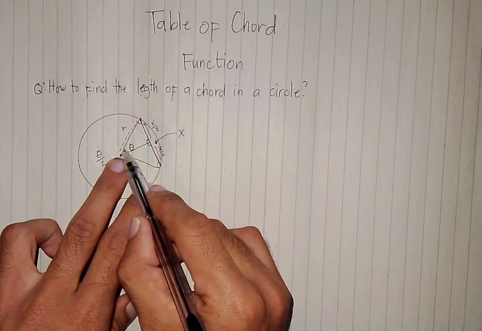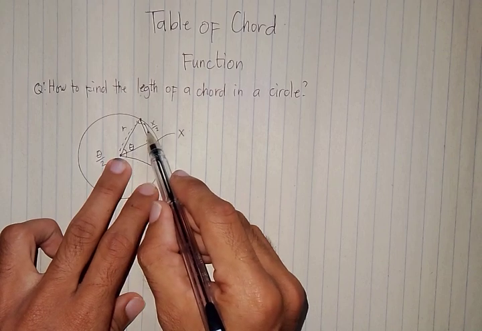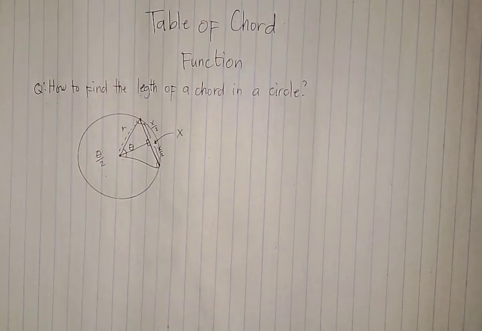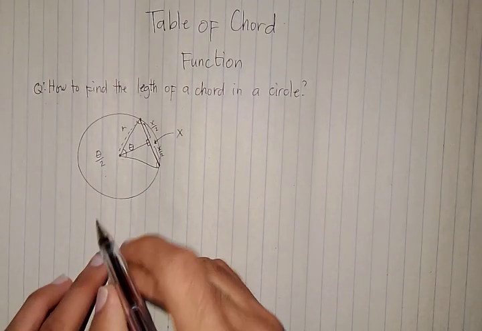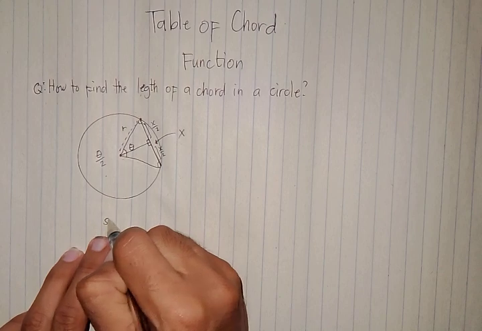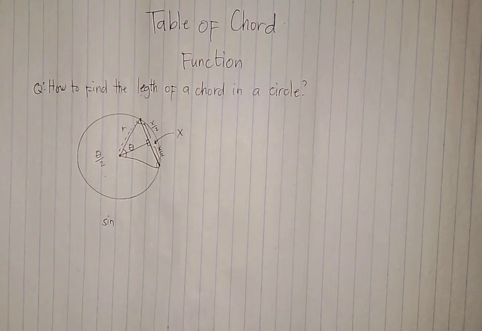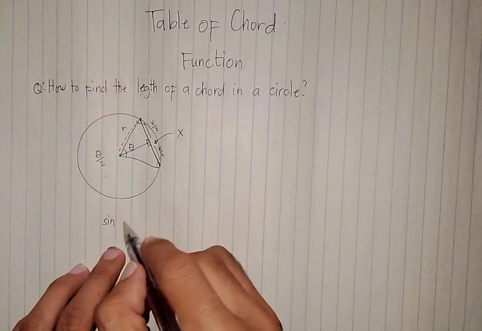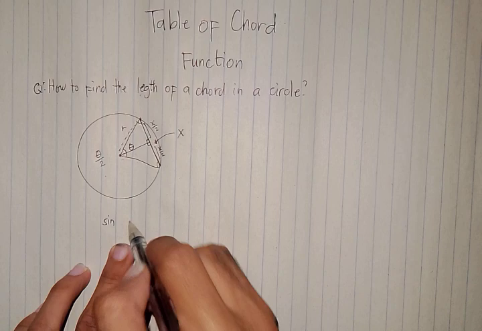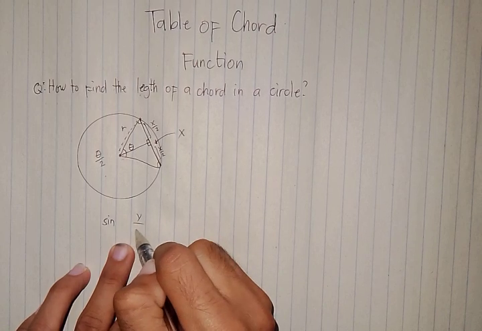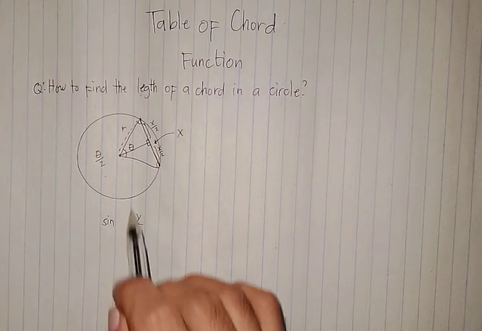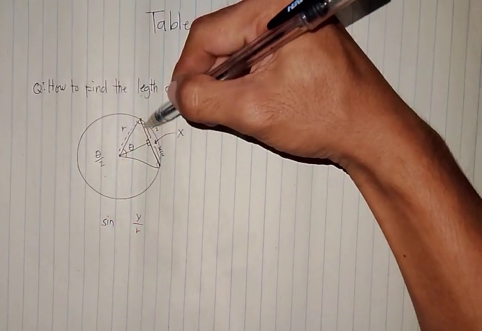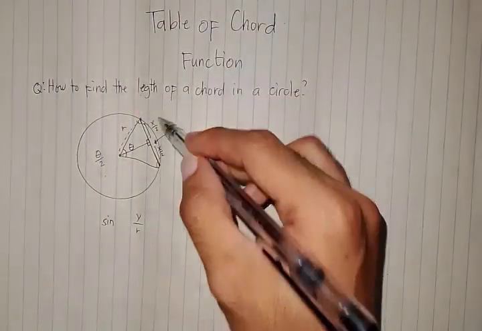The opposite of this angle theta is here, which is the y. Then we have the radius. Therefore, we need to use the sine ratio, because the sine ratio is y over r, which represents the length, the height of this side, x over 2.